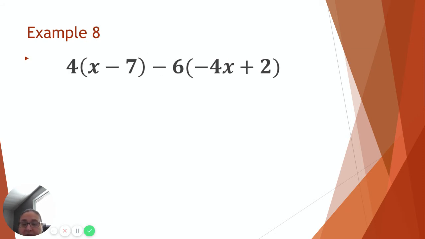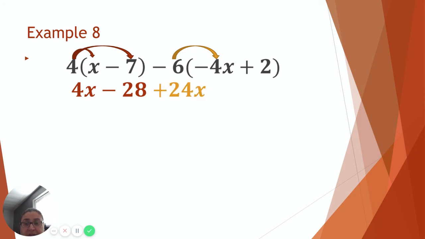Next one. I'm going to distribute the 4 through the parentheses. So I have 4 times x, which is 4x, and 4 times negative 7, which is negative 28. Then the next set of parentheses I'm going to multiply by the negative 6 that's on the outside. So I do negative 6 times negative 4x, which is positive 24x. Then I do negative 6 times 2, which is negative 12.